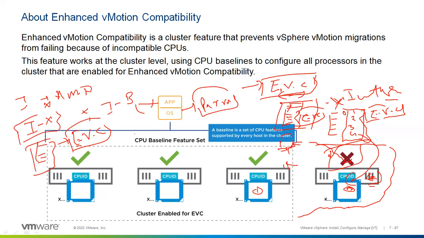Then only those VMs will be migrated here and there, not the rest of the VMs. Like out of 10, I have enabled EVC only for 2 VMs, so those 2 VMs can be migrated to a mismatched CPU ID. The rest 8 cannot be migrated. All right.